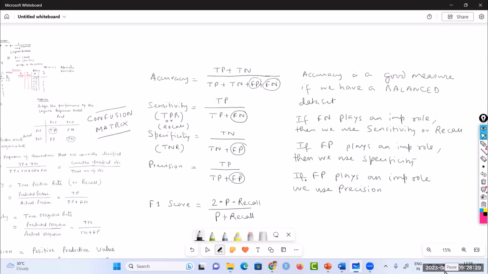And F1 score means both precision and recall. That means precision and this sensitivity or recall play an important role. That means if false positive and false negative both play an important role, then we go for this F1 score.